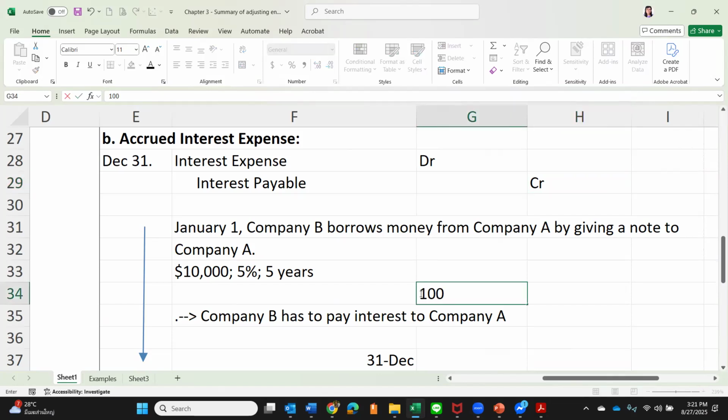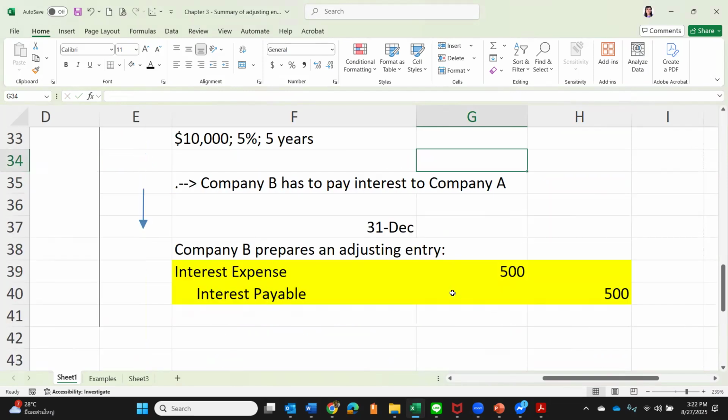We take $10,000 times 5% per year, and that will give us 500. So we debit interest expense 500 and we credit interest payable for 500.